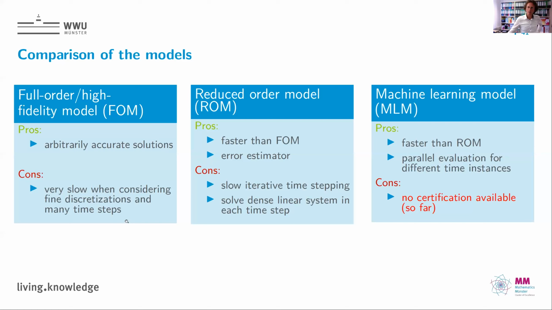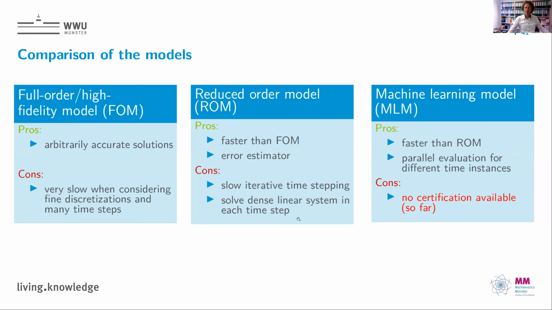So what do we have here? We have a hierarchy of models. We have a full order model, arbitrary accuracy, but very slow. We have a reduced order model, which is much faster than the full order model. We have error estimation here. And the cons are the time iterations take a long time. And this is where machine learning can help. We get a parallel and fast evaluation in time.